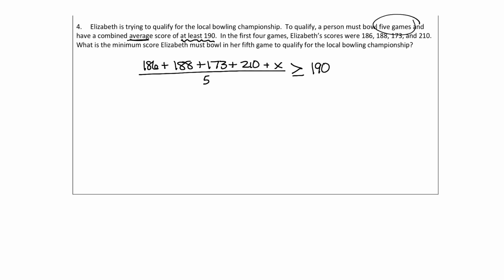So what you could do instead is add all of these 4 together, use your calculator, and you get 757. To me, writing just the 757 add x is totally fine. It doesn't, however, show that you know what averages are.